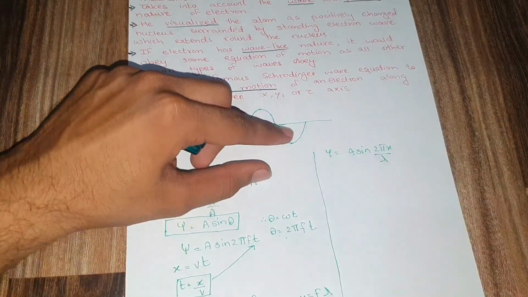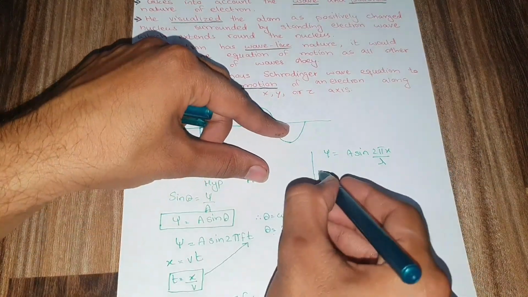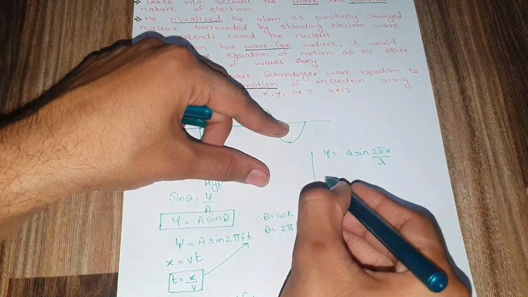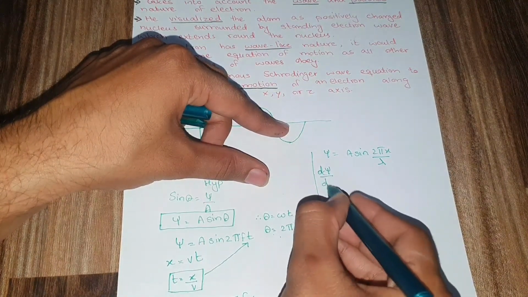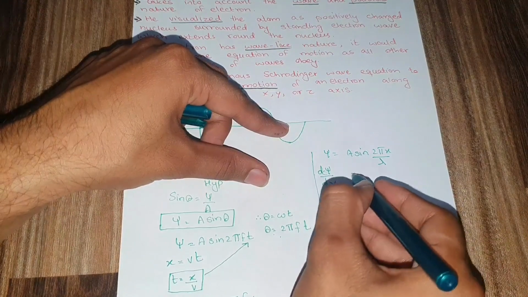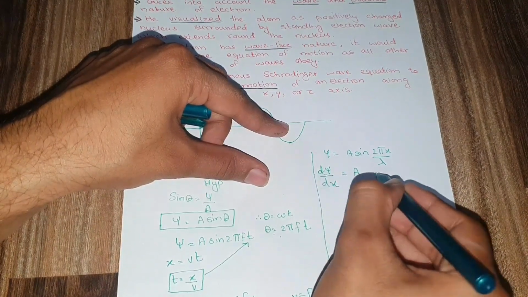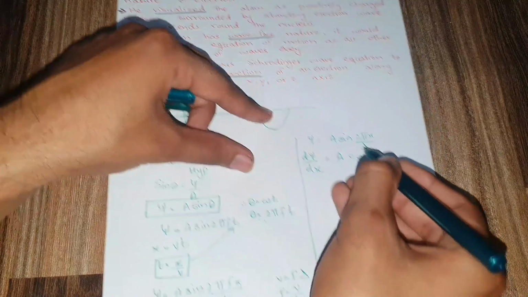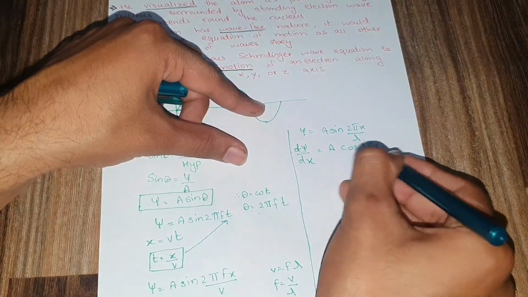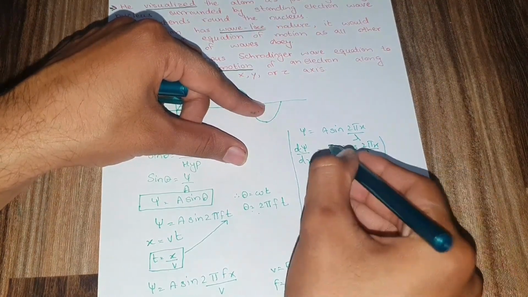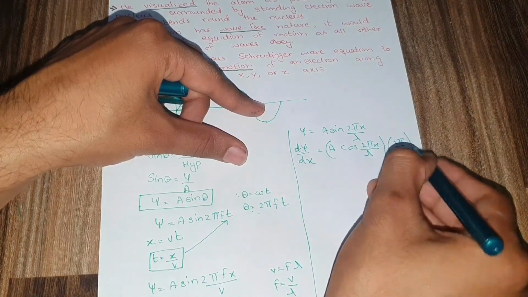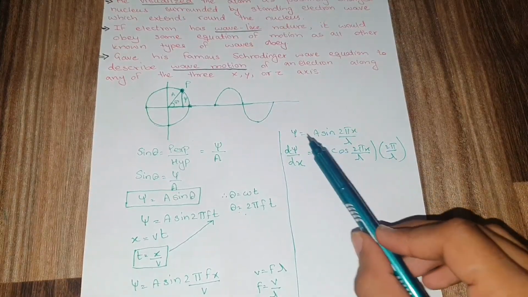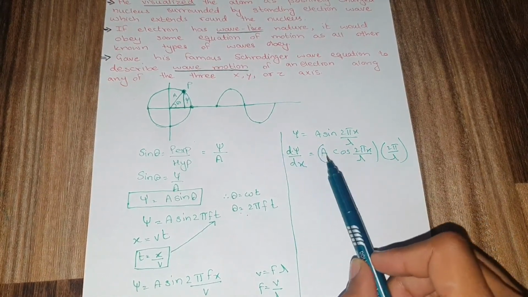If I differentiate this equation with respect to x, it becomes d psi over dx is equal to A cos 2 pi x over lambda, and the extra thing that will come here is 2 pi over lambda.